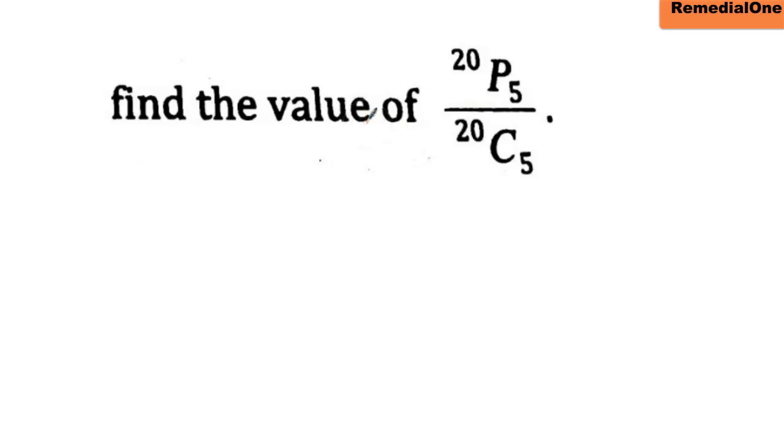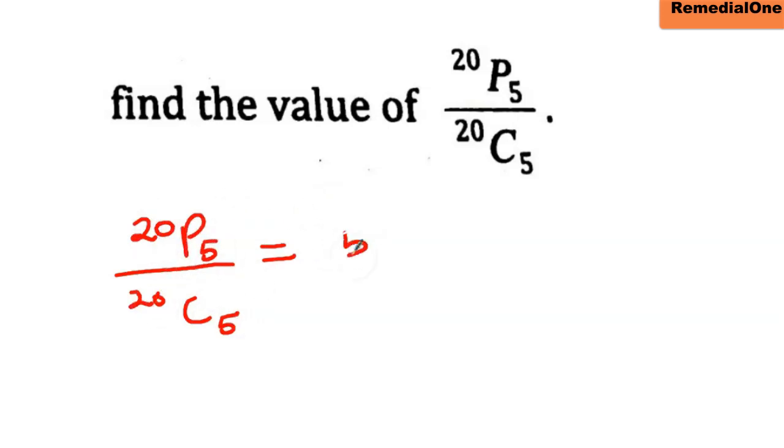So we still use the relationship between permutation and combination. So this is the same as 20P5 over 20C5. According to the relationship, we are going to have 5 factorial.